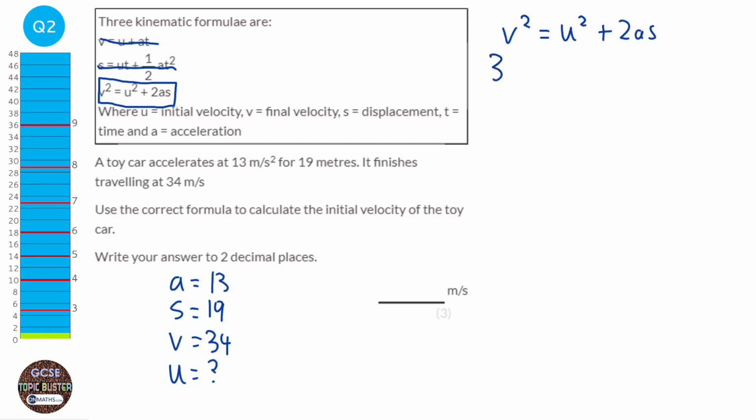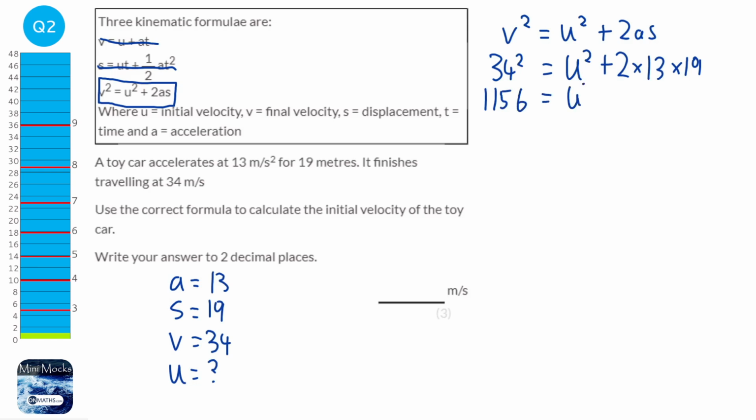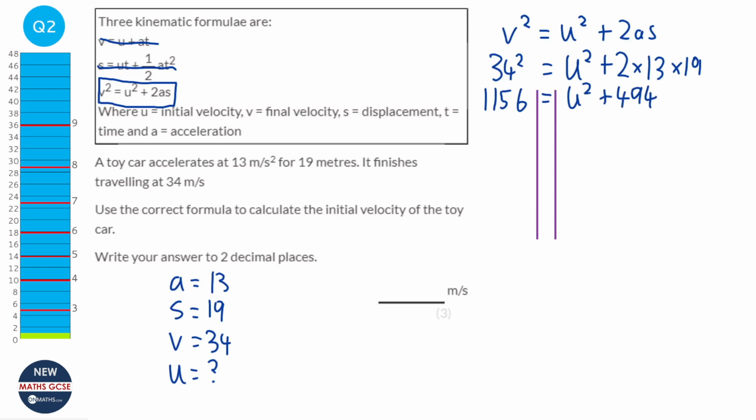So that would be 34 squared equals u squared, because that's the one we're looking for, plus 2 times 13 times 19. Okay, so let's just work these parts out. So we've got 2 times 13 times 19, which is 494. And it turns into a solving part, so we're just going to solve this.